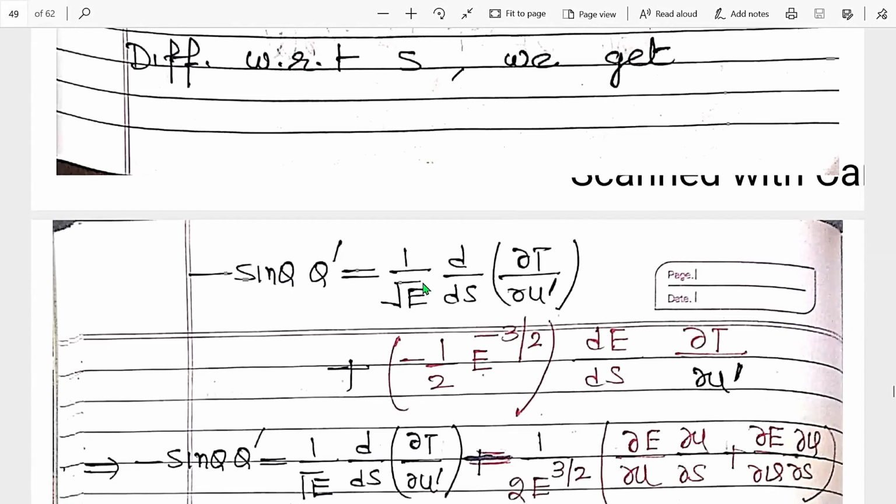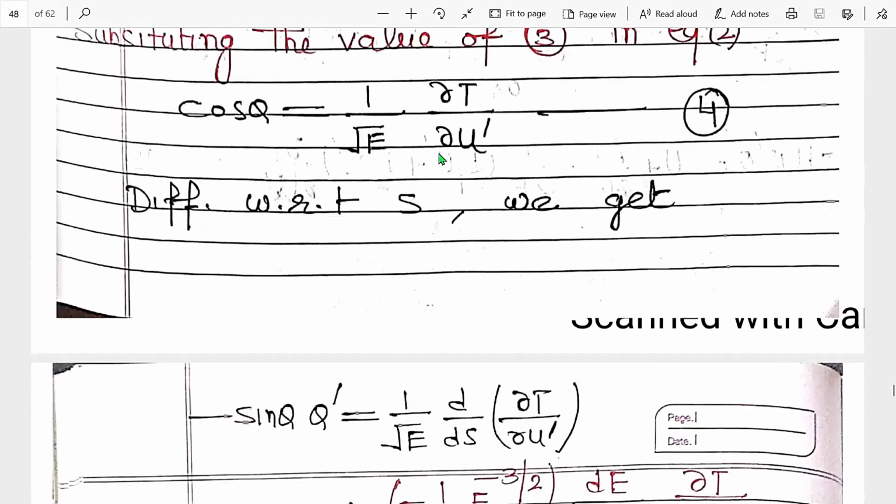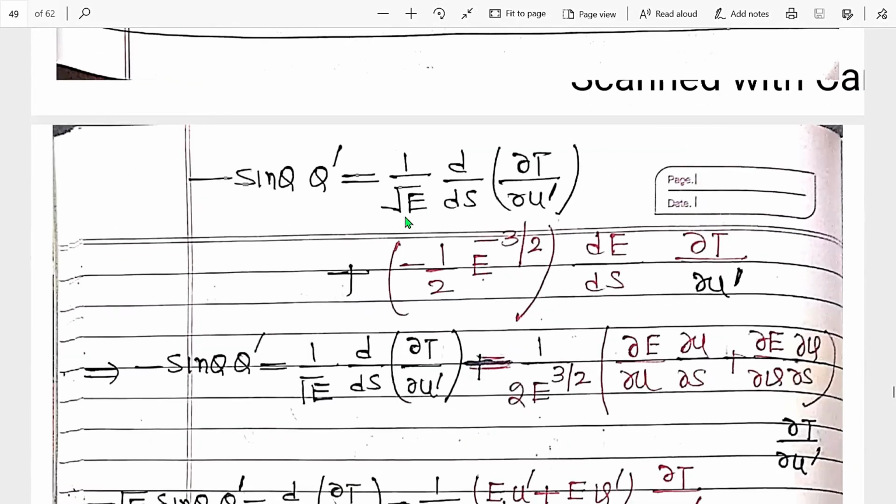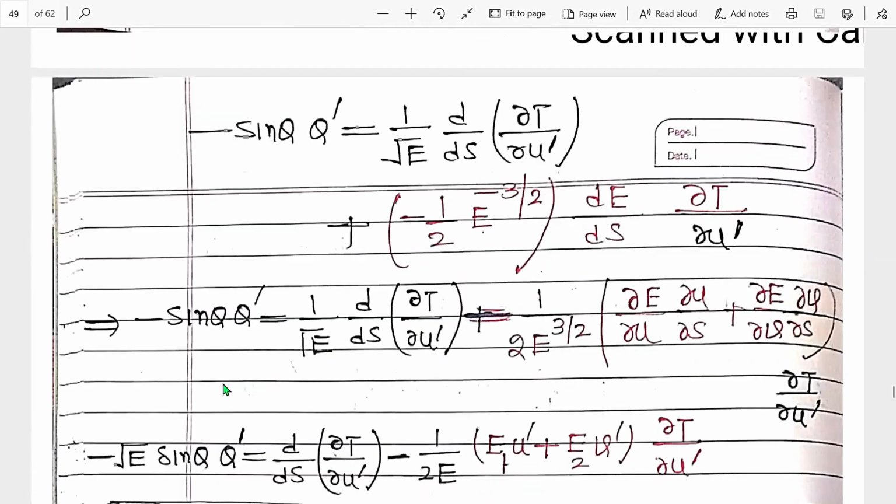So 1 by square root of E, first derivative of this with respect to S, then the derivative of the other term with respect to S. Clear? Now, this will become minus sine theta theta dash. This first term is the same, 1 by under root E, d by ds of curly T by curly u dash, similar to this equation.